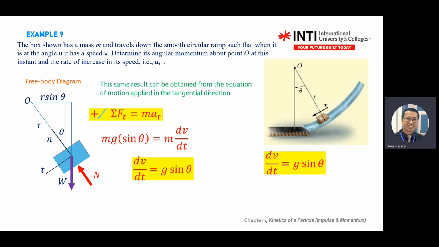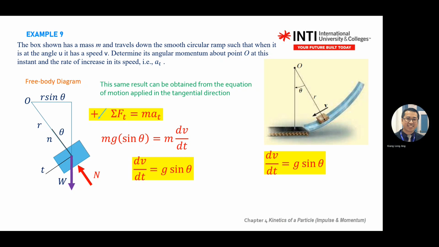If you have one body, then mv1 equal to mv2. If two bodies, m1 v1 plus m2 v2 equal to m1 v1' plus m2 v2'. This one is the velocity after. This is separate, meaning after the bang, they go in different directions.